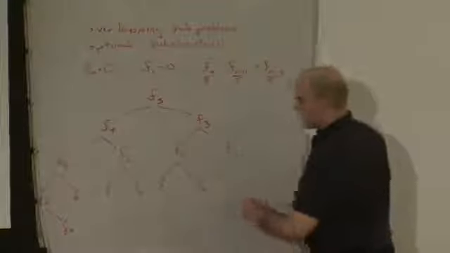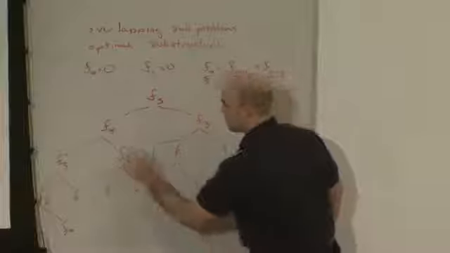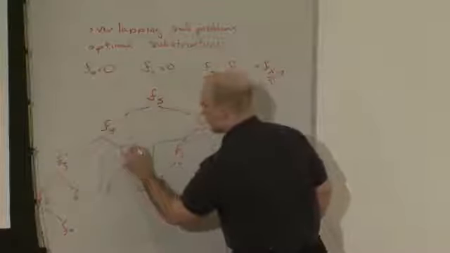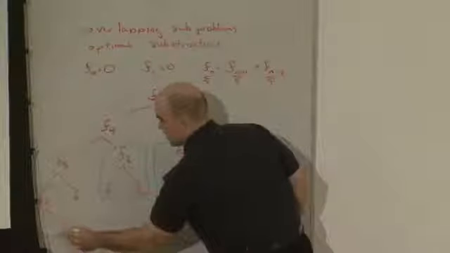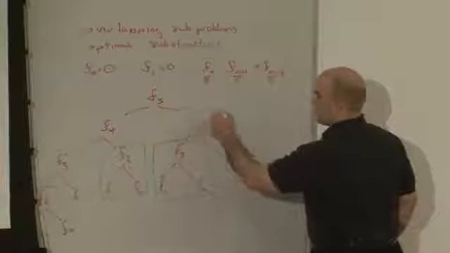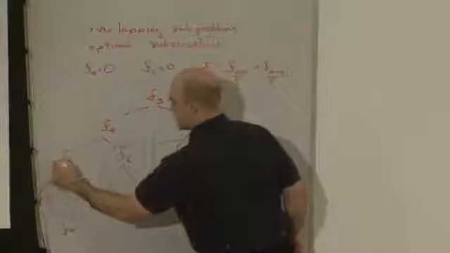Okay. If we look at this, we see that in a lot of places, we're repeating computation. We repeat f of 2 three times. We also repeat f of 3 twice.